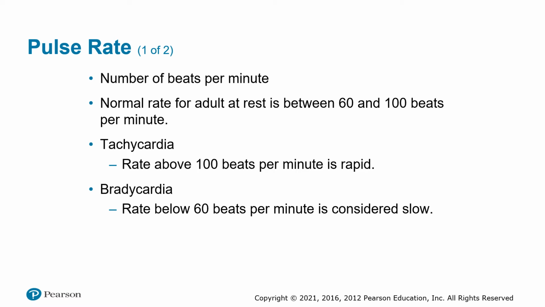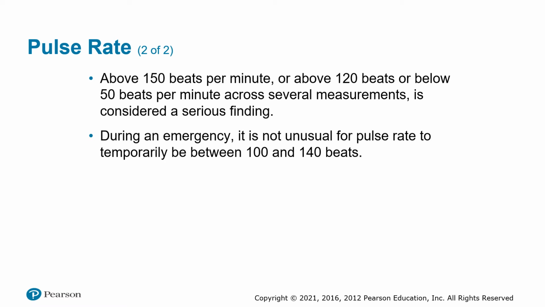Their heart rate can be in the 40s and 50s. So it just kind of depends on what the patient's doing, how they're reacting, what medications they're on, and various things like that. Anything above 120 beats per minute or below 50 across several measurements is considered a serious finding.